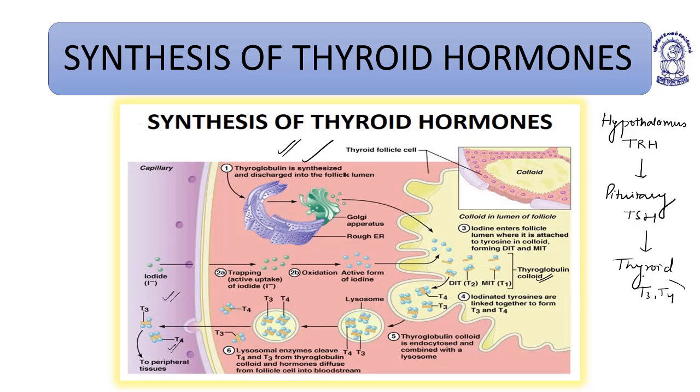So if T3 and T4 levels are already high, they are going to give a negative feedback. If they are low, they are going to give a positive feedback. Understood? Okay.